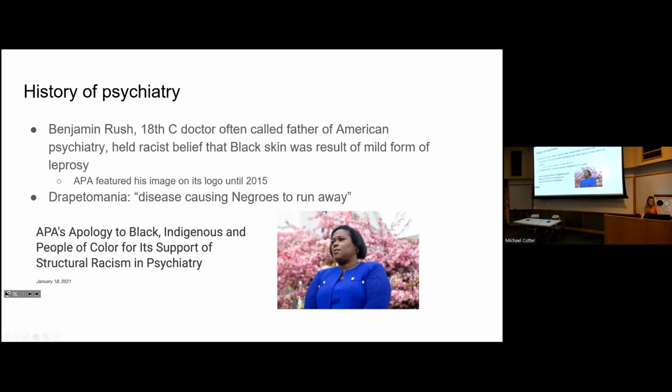The APA featured his image on its logo until 2015, and this is their apology on the bottom left from 2021 for its extensive role in other ways in support of structural racism. Rush's apprentice, Samuel Cartwright, created this term drapetomania, which refers to a disease making Negroes want to run away.